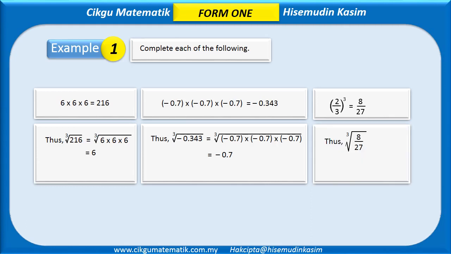Thus, the cube root of 8 over 27 equals the cube root of 2 over 3 cubed, equals 2 over 3.